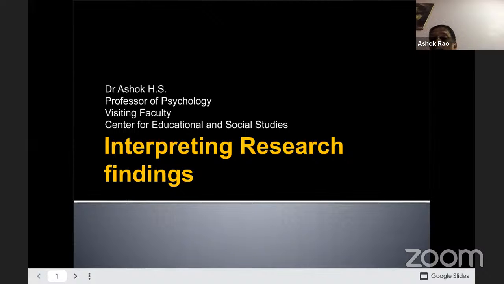Probably nowadays in some of the social science research, if we're talking in terms of the pandemic, we study how developed countries have dealt with their pandemic situation, and whether the same thing can be applied here also. Or very recently we were talking about how every state uses its own model to deal with the pandemic situation, whether that particular model would be applicable to the other states.